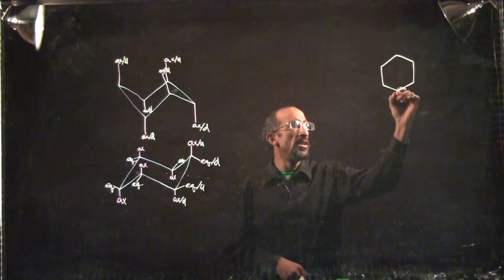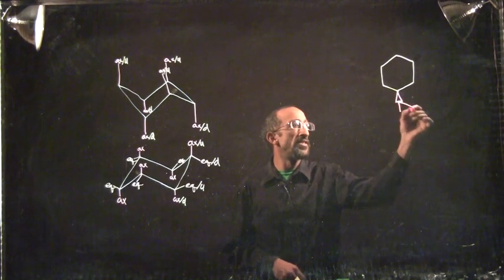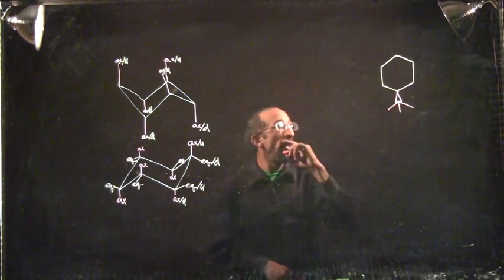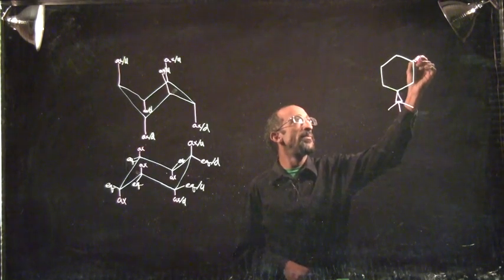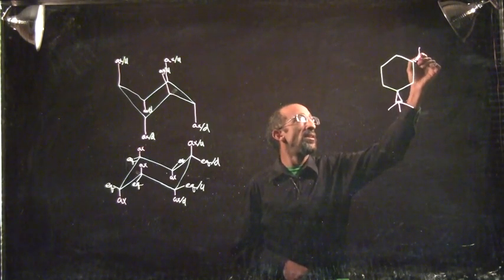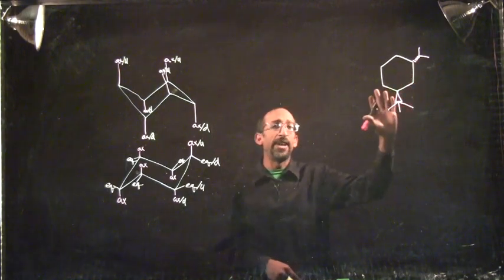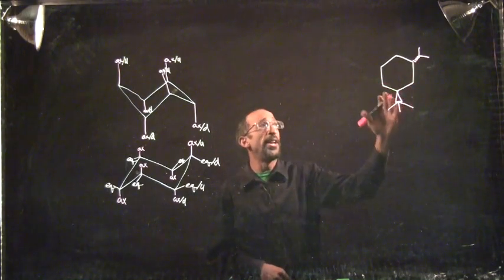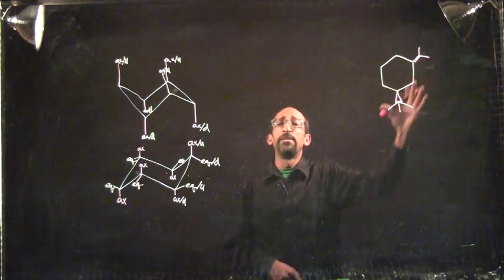I'm going to put a tert-butyl group off of this carbon, and I'm going to put an isopropyl group off of that carbon. So now these two groups have a trans relationship, one up and one down, right? And they're at the 1 and 3 positions.